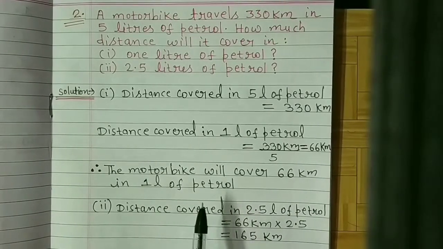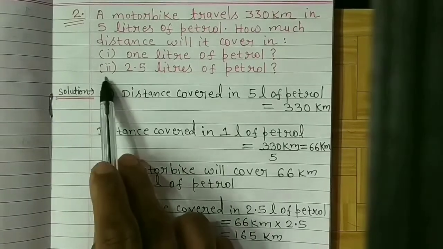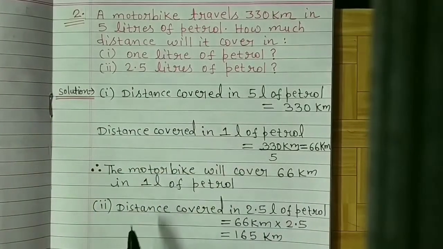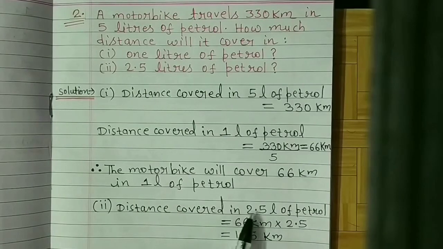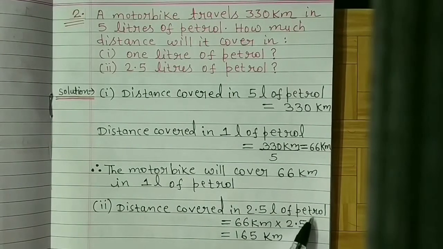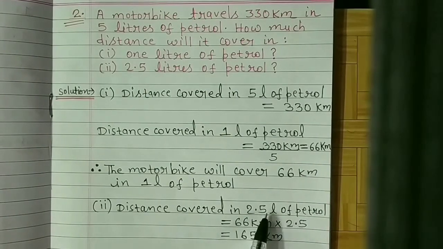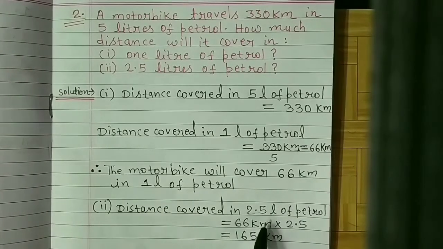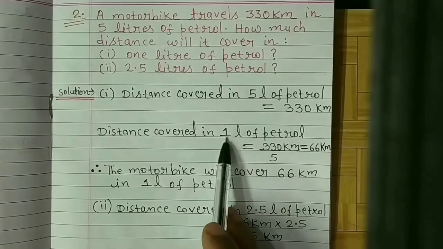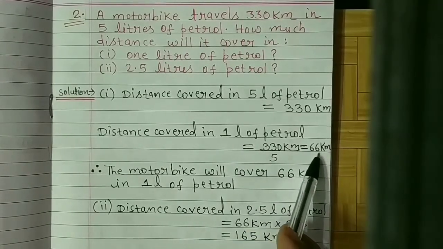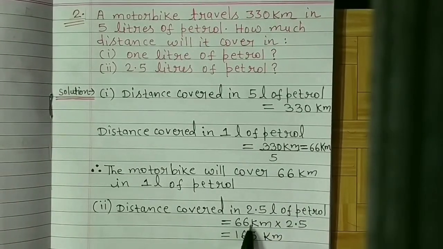Now we are going to solve the second question: distance covered in 2.5 liters of petrol. For this, we are going to multiply this 2.5 with the value of one quantity, that is 66 kilometers.